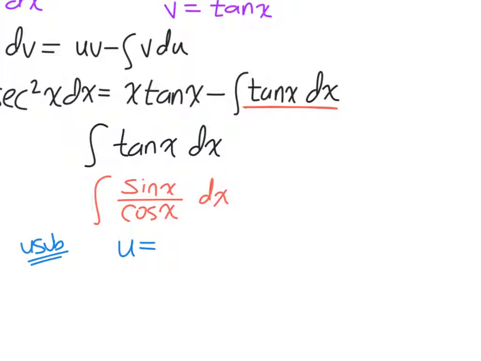Can I identify a u in such a way that when I take its derivative will help to cancel out the other part of the integral? Well, if I call u sine, that'll help cancel out the cosine. If I let u equal cosine, it'll help cancel out the sine. So I can go either way with it.